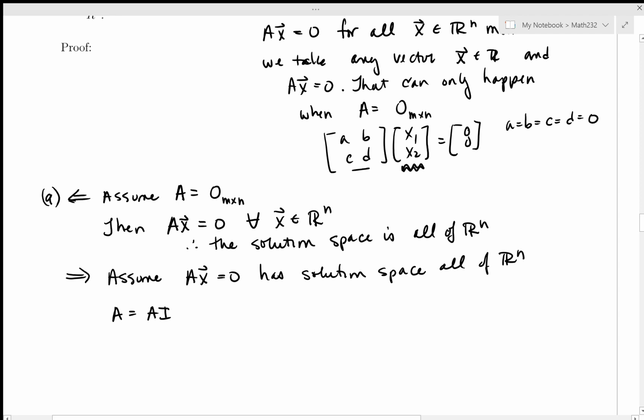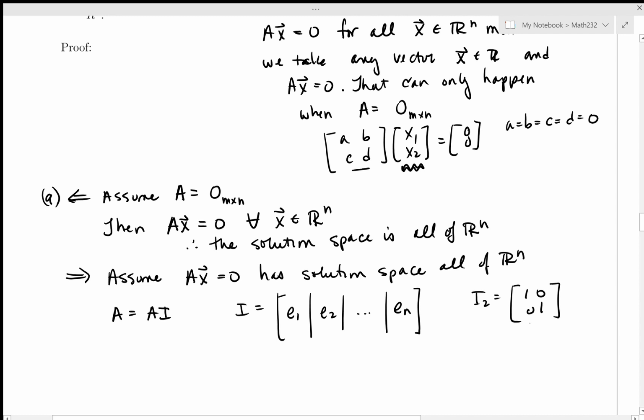And because I is the identity matrix, I'm thinking of I like this. It is a collection of column vectors, which are the standard unit vectors. So for example, I2 is 1, 0, 0, 1, and if I draw this here like that, I see that it is a collection of E1, which is 1, 0, and E2, which is 0, 1, and those are the standard unit vectors for R2.